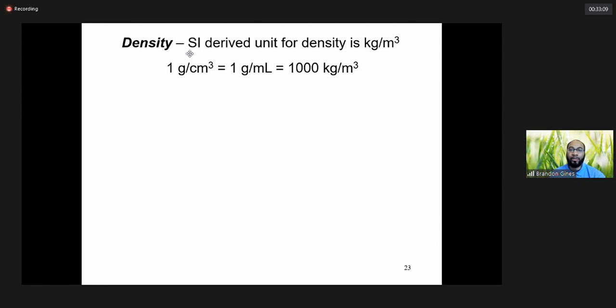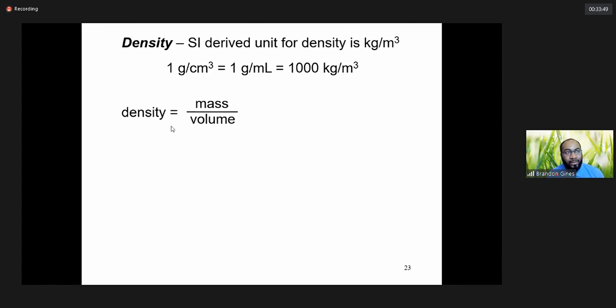Density is one of those intensive properties. The unit of measurement for that is kilograms per meter cubed. To calculate the density of an object, you need two pieces of information: its mass as well as its volume. This ratio between mass and volume gives you a value for how dense something is.